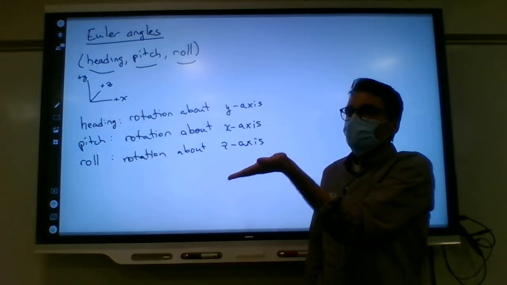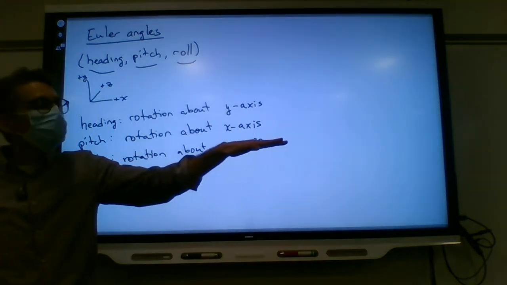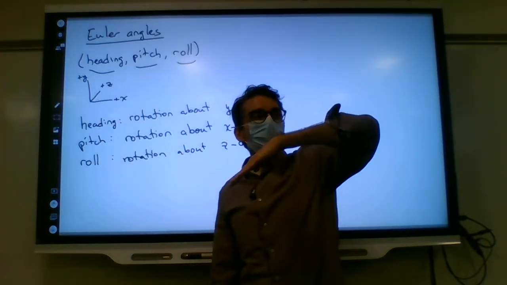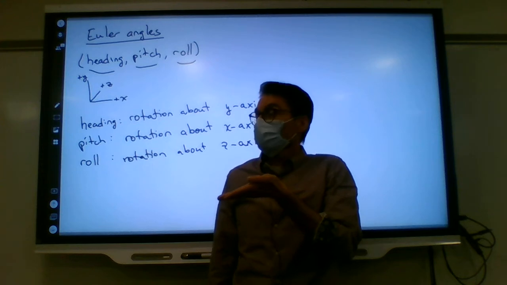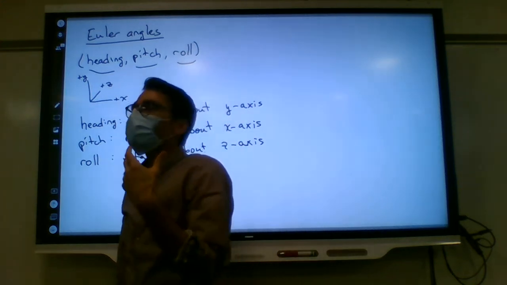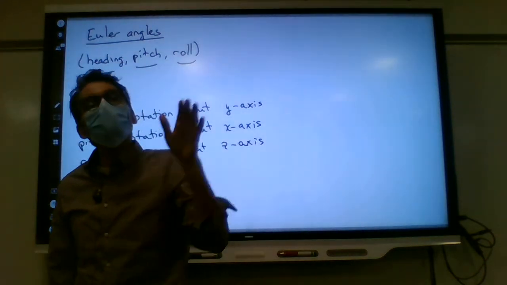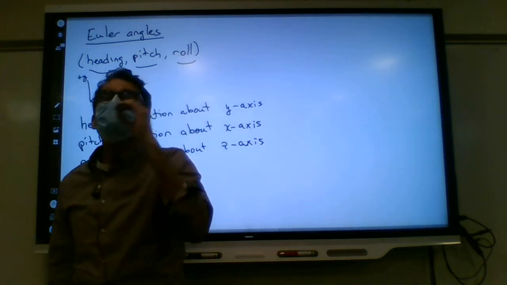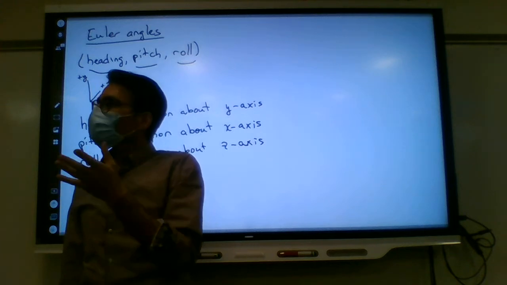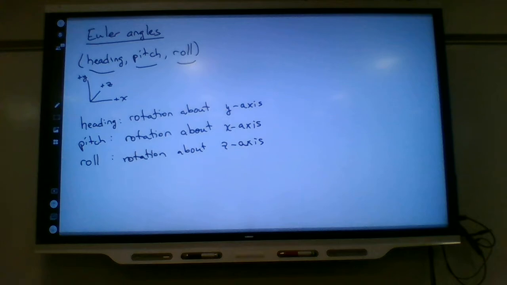Our plane's flying along upside down now. But what's another way to get there? Another way might be a rotation and then some pitch and then a roll. Right? So it's not a single way to describe how you end up at that place. As far as displacement is concerned, it does matter the steps you took to get there. But the end result is they look the same. And so sometimes that's an issue. There are some other issues that happen with Euler angles that we'll talk about a little bit later.